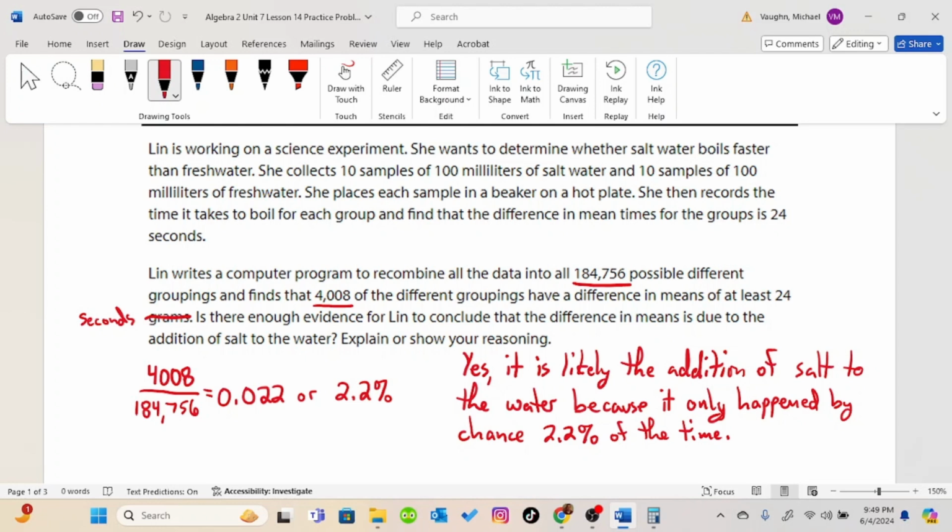And as a general rule, anything 5% or less is going to be considered low. Anything more than 5%, we could say maybe it was chance. But if it's less than 5%, it likely wasn't chance.